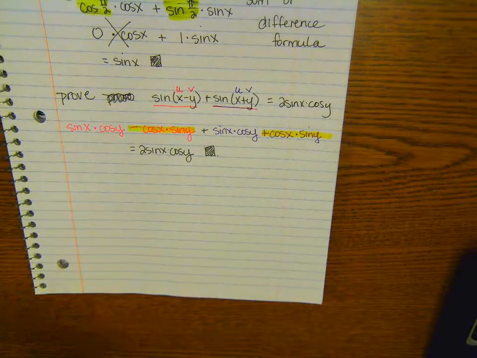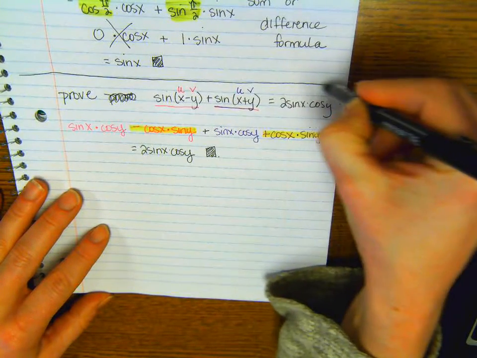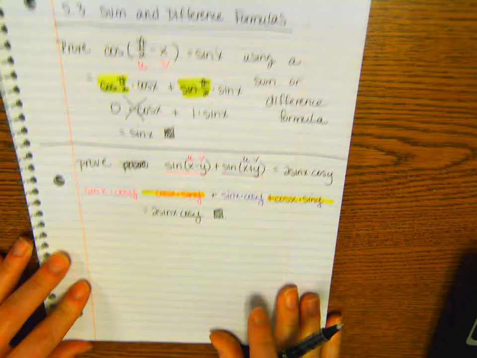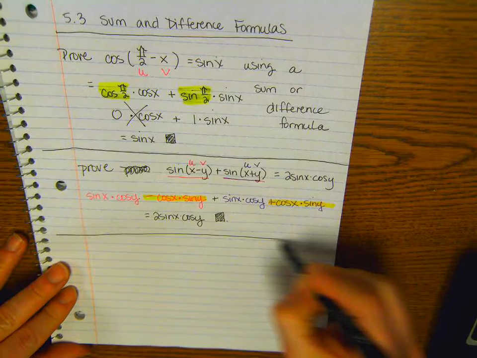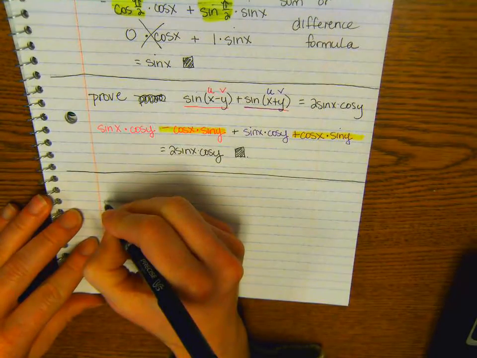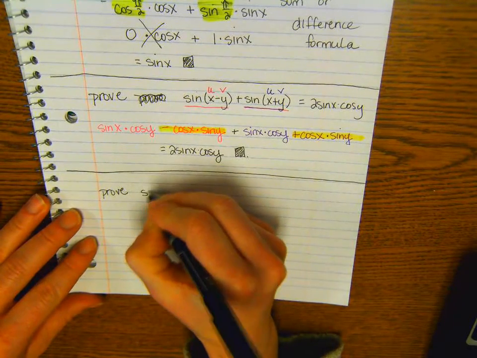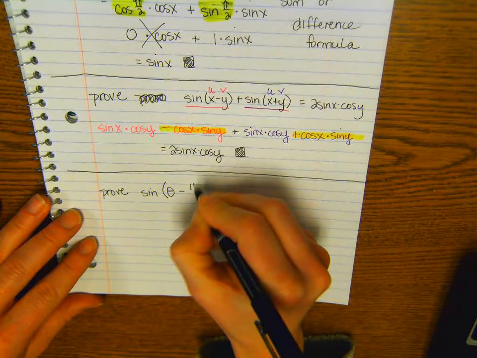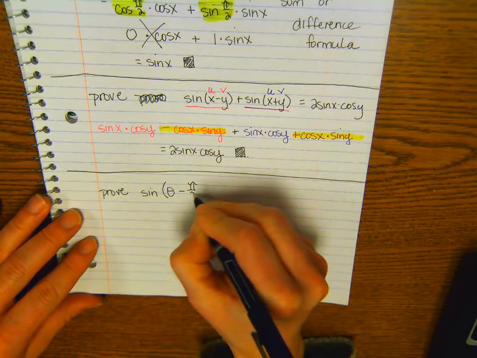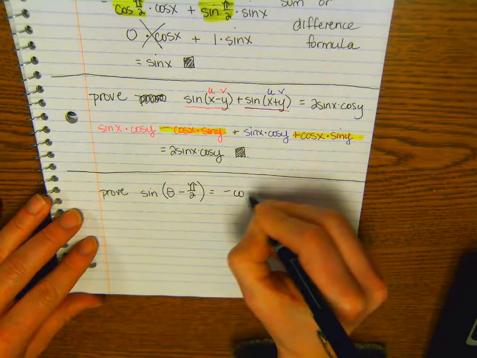Okay. So just to show one more to make sure we have the hang of it. Let's do one more that is similar to a cofunctions identity. So the last one we'll do today is, let's prove, using a sine or difference formula, that the sine of theta minus pi halves is equal to negative cosine of theta.